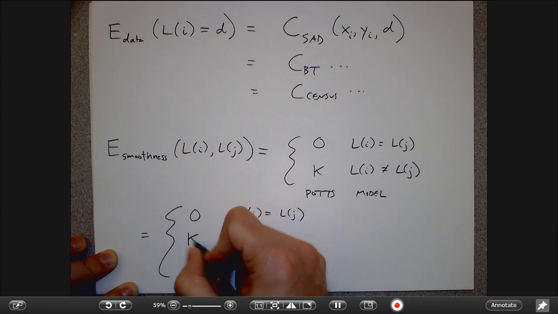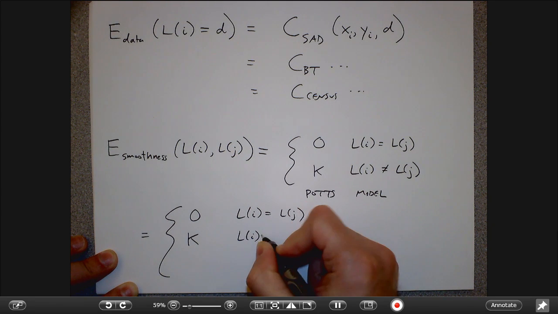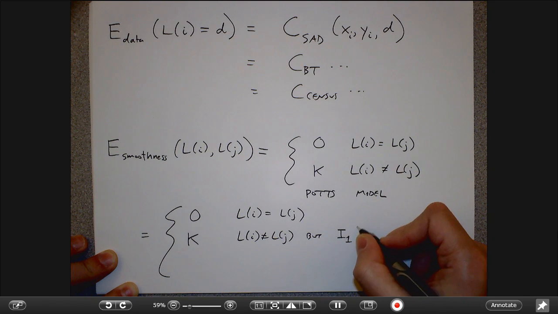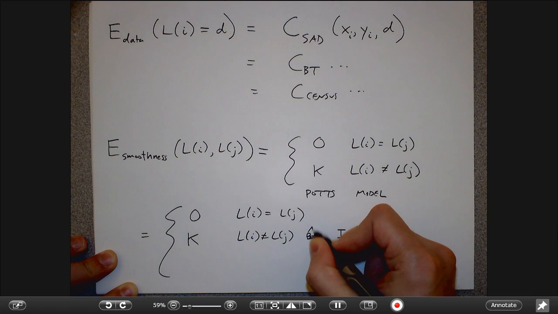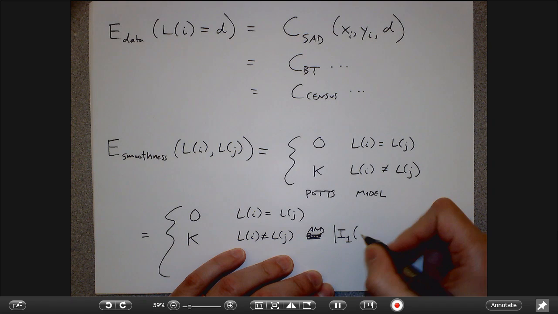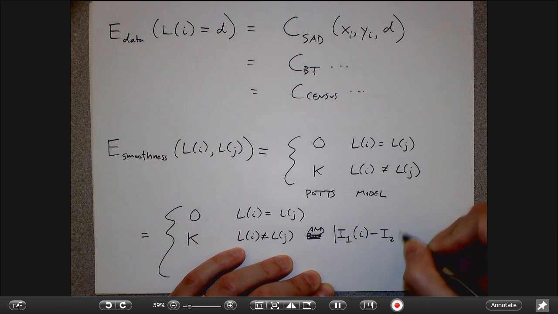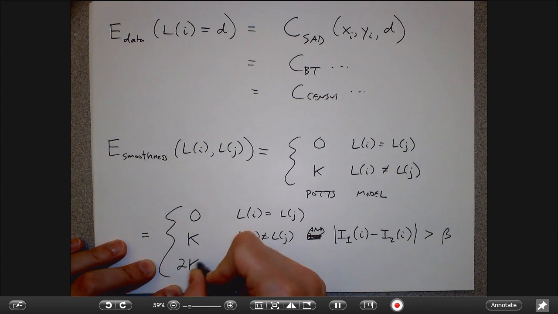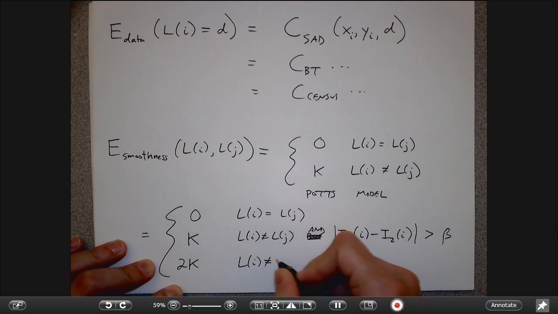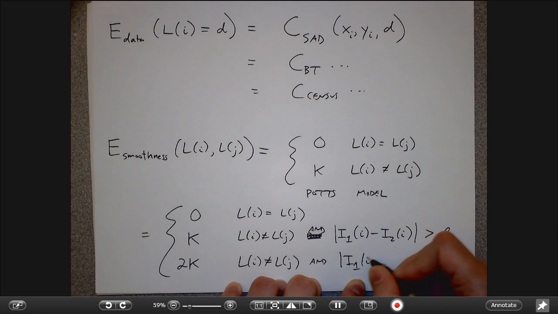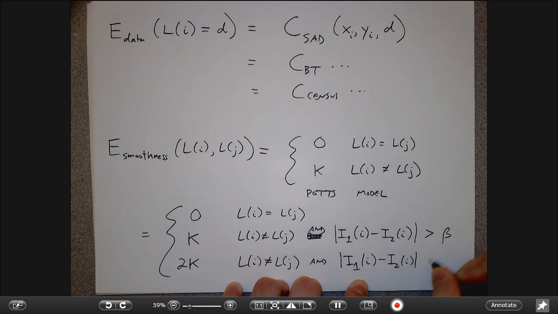It's some cost if you don't agree and the difference between the image colors is big, and it's some even bigger penalty if you don't agree and the difference between these things is small.